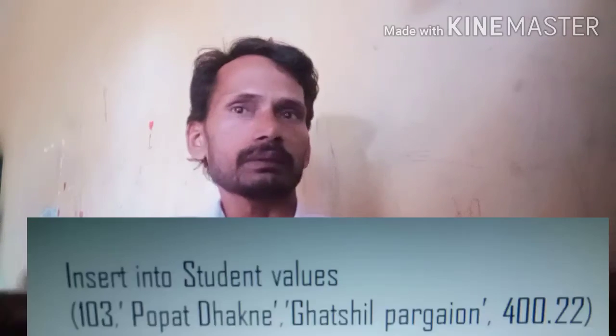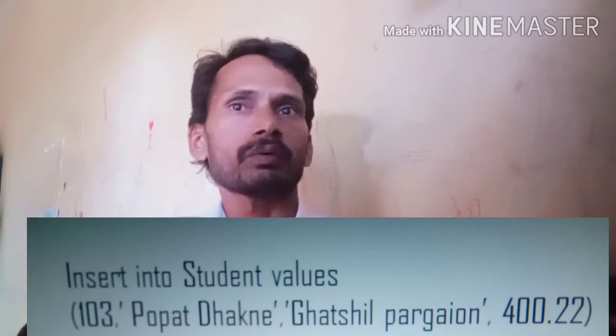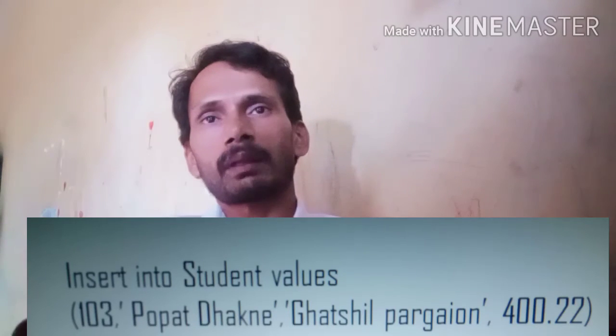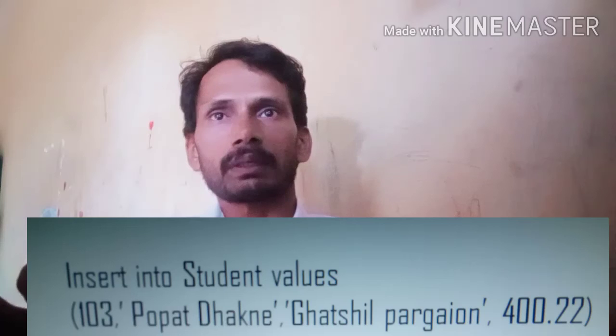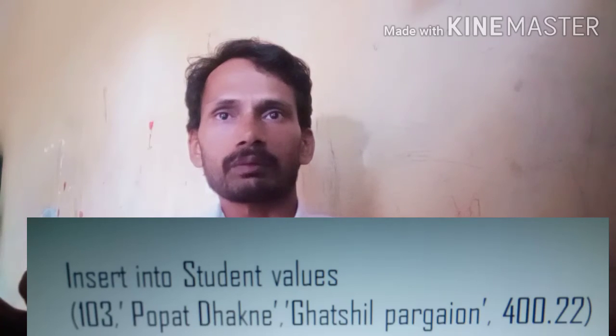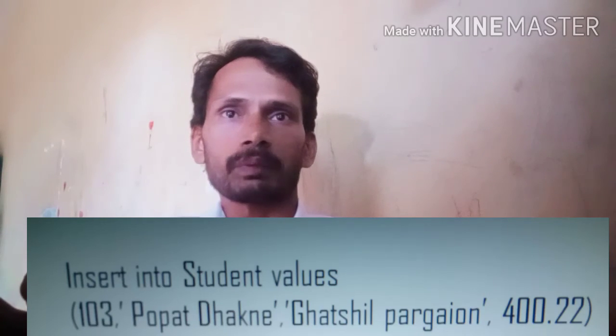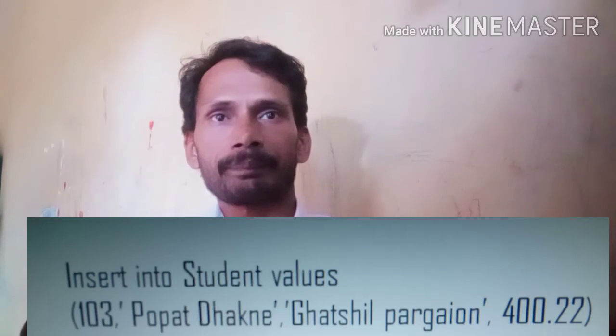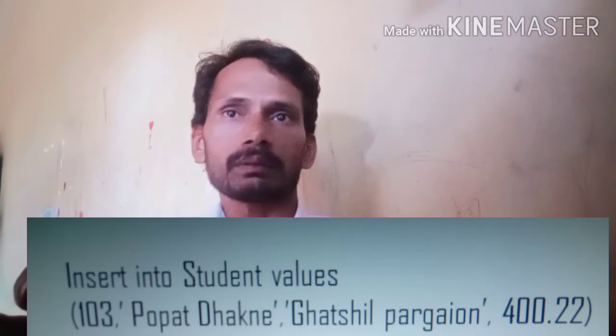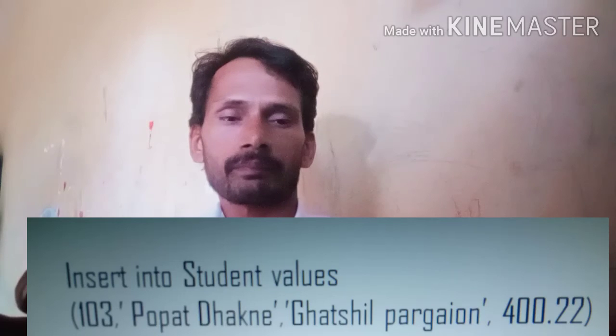Like this. Again we can add another row in this table. So we are going to add again 103, so 104. After that we are adding another row, that will be Popat Dhabni. It should be in single inverted commas.